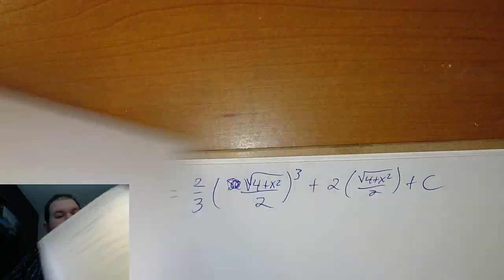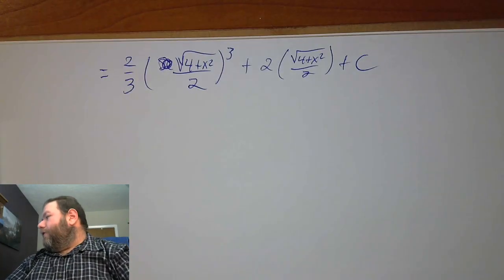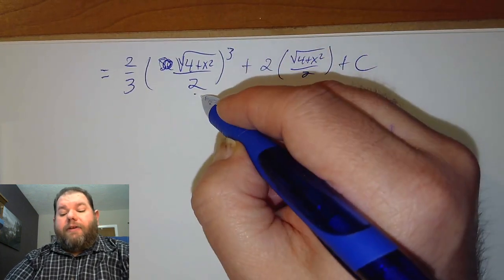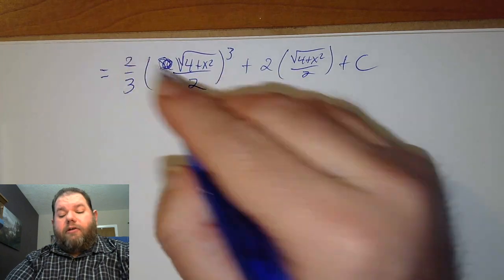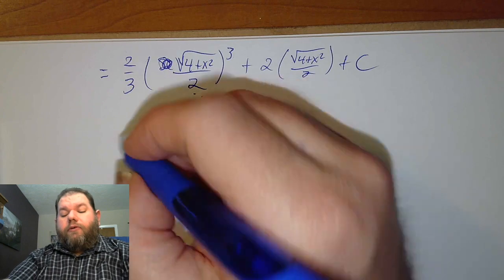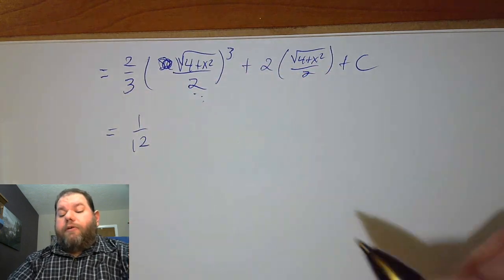So we plug in what the secant is equal to, and now we just simplify what's left over. Now, the 2 cubed on the bottom is an 8, although one of those 2's will cancel out with this 2 here. So it's really 2 over 8, or 1 over 4, so I guess we'll get 1/12. We take that 4 with the 3.